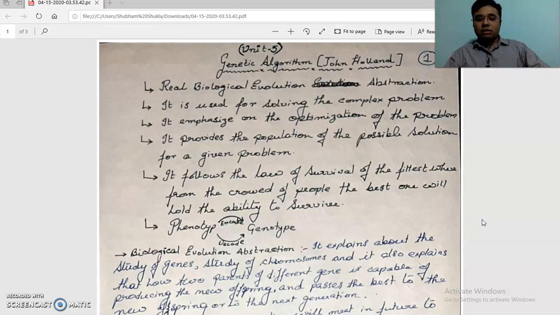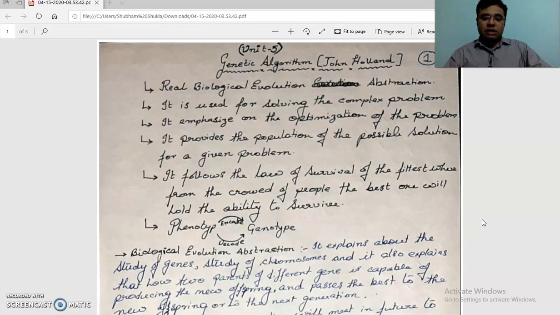Here the scenario is entirely different, because it emphasizes the optimization of the problem instead of classifying the problems.